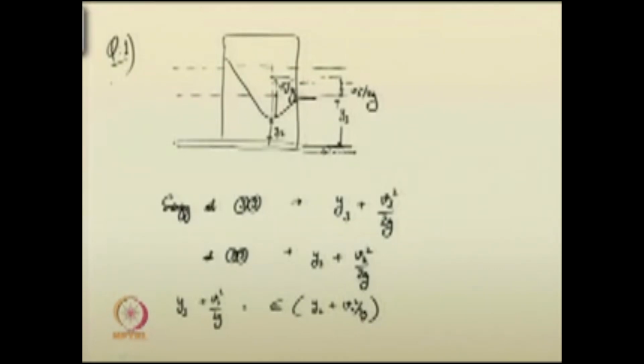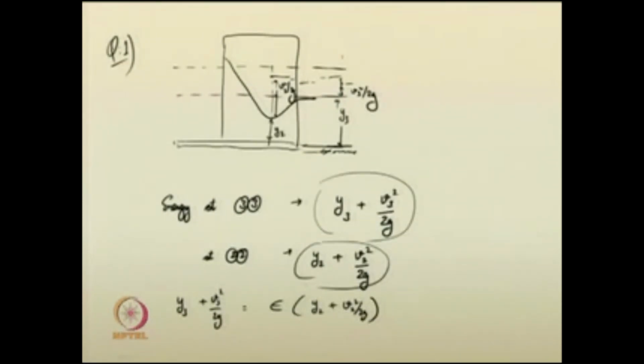So, the solution for the first question, we asked you whether the parameter epsilon can be greater than 1. So, if you recall in the obstruction analysis which we have done, flow through obstructions and all, where we suggested the conditions for critical flow at the obstruction. So, this is section 2.2 and this is section 3.3. You know that energy at section 3.3 is this much, energy at section 2.2 is this much.